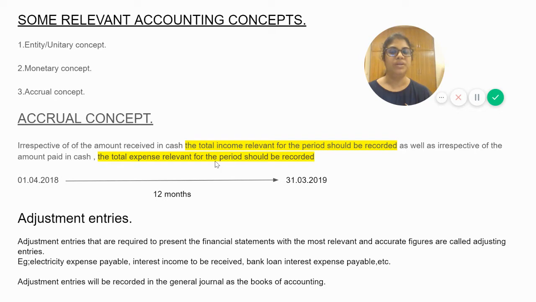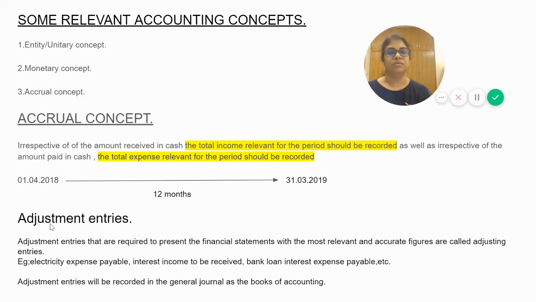So when we are making these treatments in accounting for such practical situations, we name them adjustment entries. Let's see what these adjustment entries are.